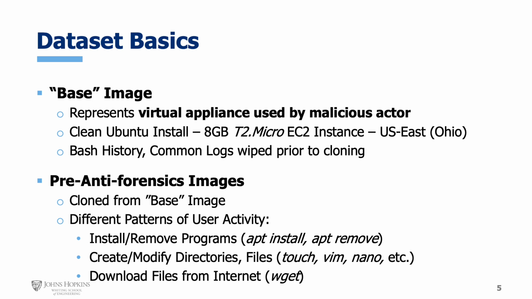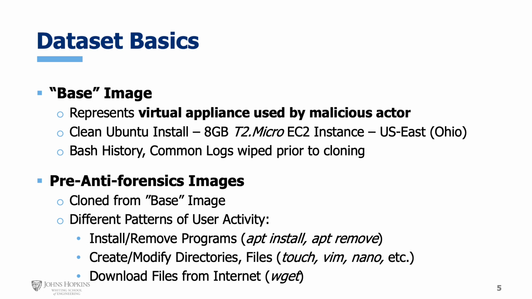After we created our base images, we then populated each instance with different patterns of user activity. This activity included downloading and installing various programs, downloading, creating, and modifying text files, creating and modifying folder structures, and using various installed programs. We kept detailed records of all user activity, which we did not share with each other until after initial analysis.